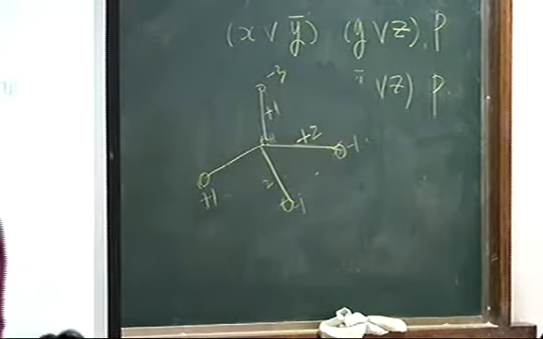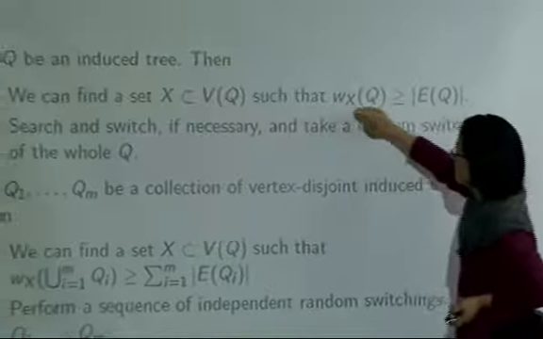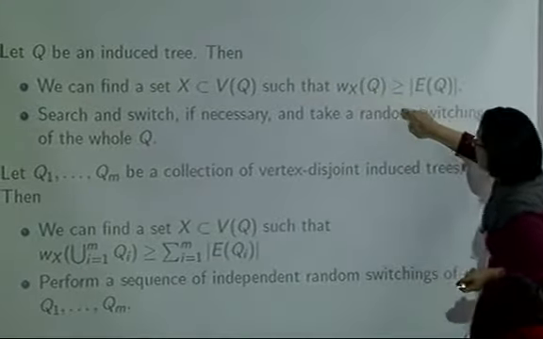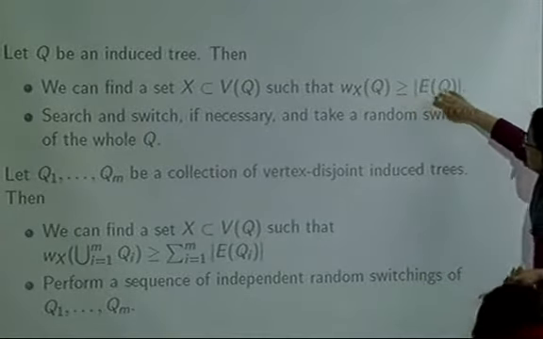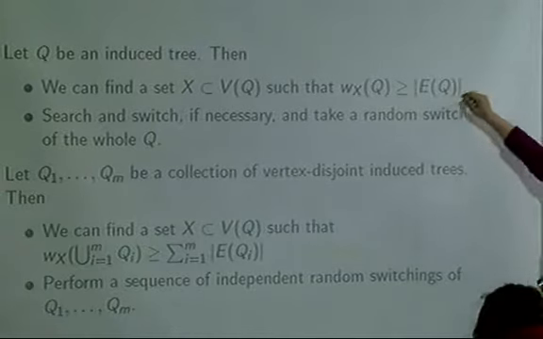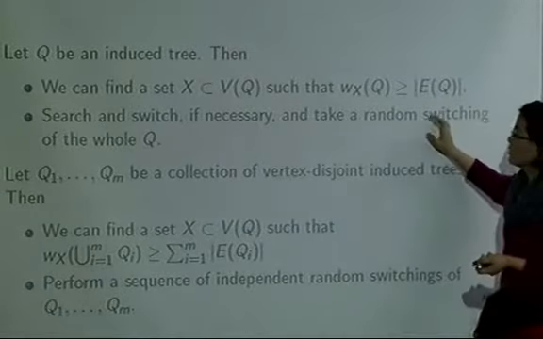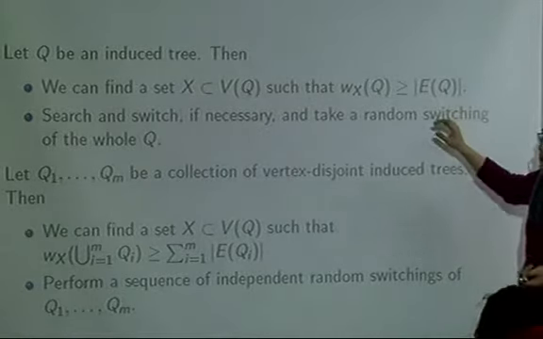So if it's an induced tree, then we can find a set of vertices whose flip gives us a weight at least as large as the number of edges in the tree. And we can assume that the weights on the vertices are 0.